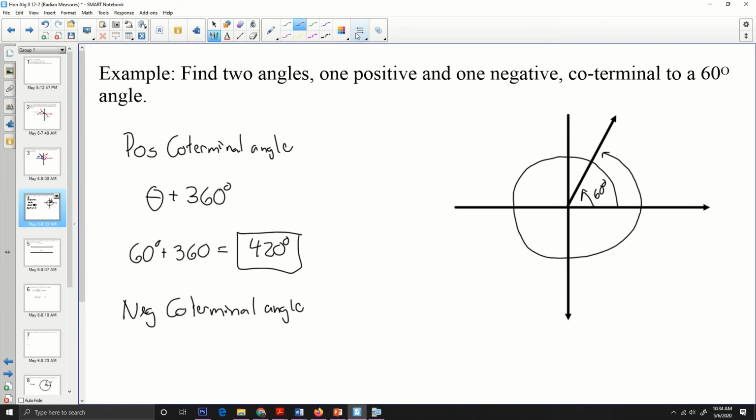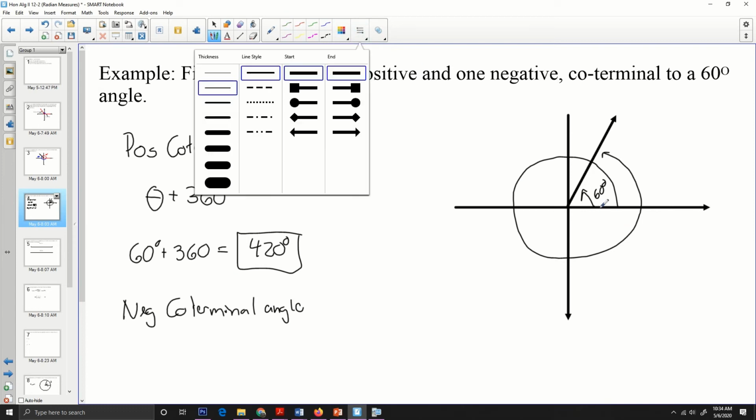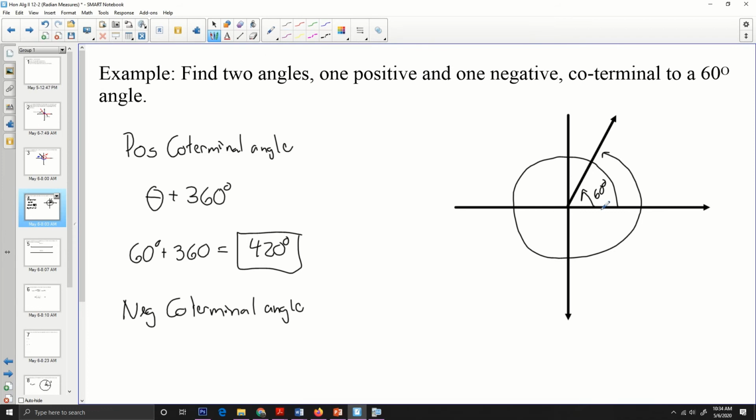The negative coterminal angle: we will start in the standard position, but instead of opening positively, we will open negatively. Now, this red angle is 60 degrees from being 360 to the negative, or negative 360. So how am I going to figure that out? I am going to take theta, and I'm going to subtract 360.